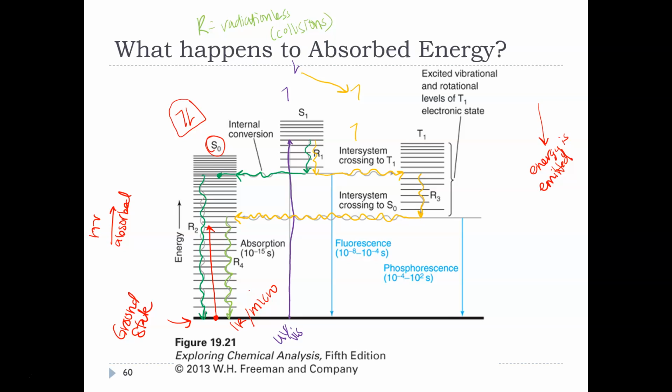So now we're at the ground singlet state 0, but we're at a higher vibrational or rotational level. And then it can do a radiationless transition down to the bottom. So the first scenario that I did in green is called internal conversion. The second scenario is called intersystem crossing, but it just has more steps.